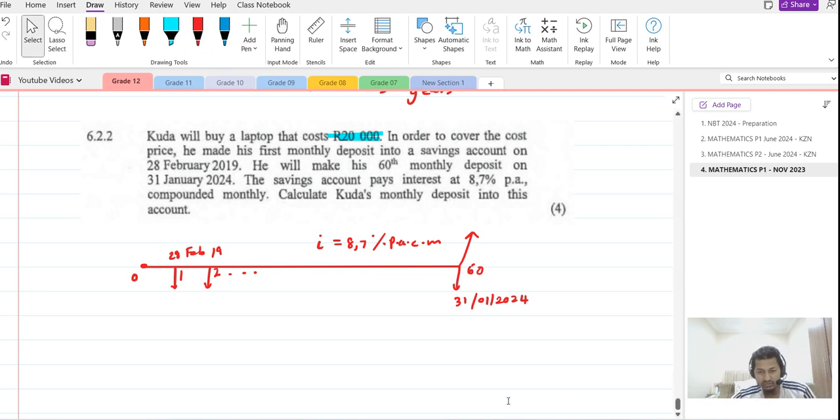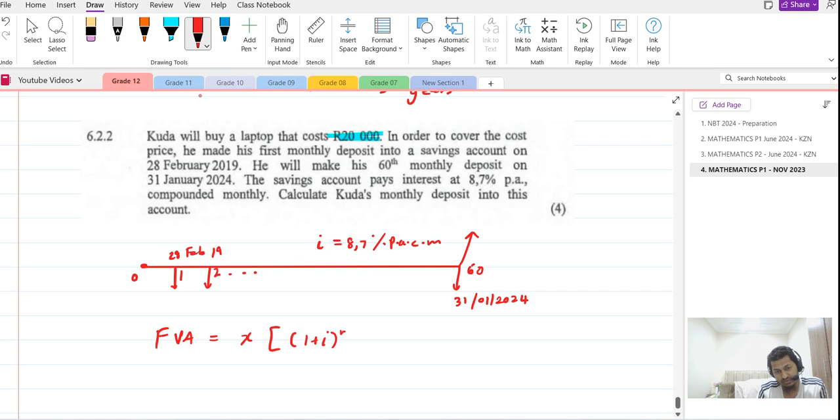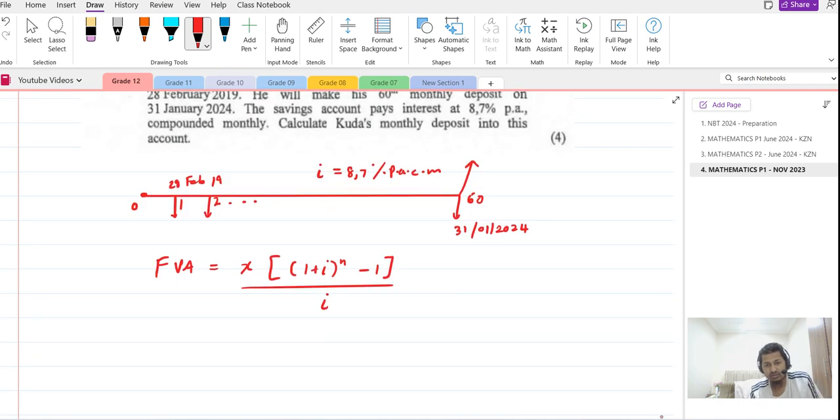F equals the accumulated value. The future value annuity formula is F equals x into 1 plus i to the power n minus 1 divided by i. Right, so we want to solve for x.